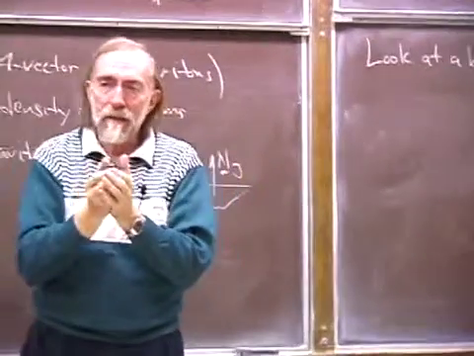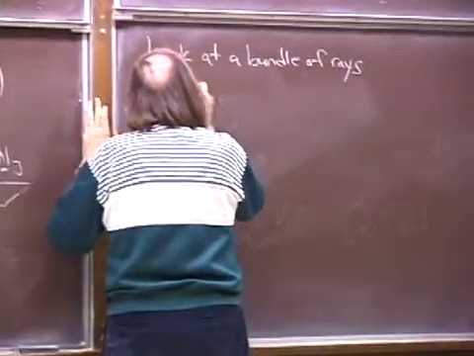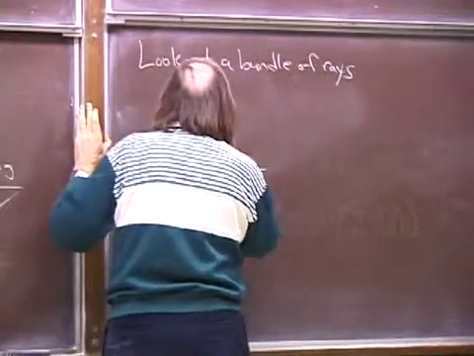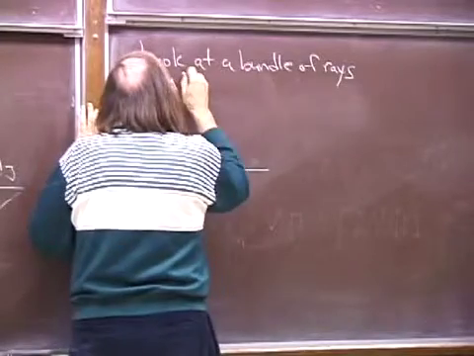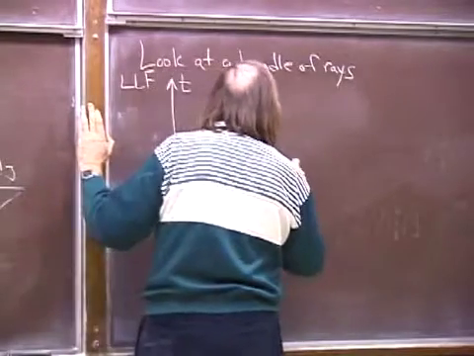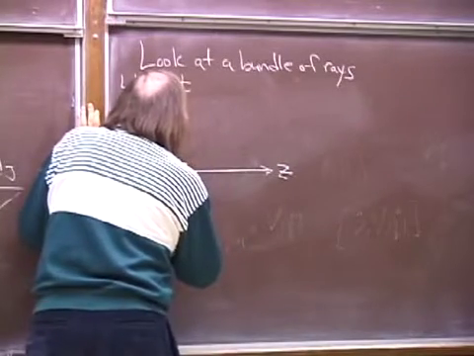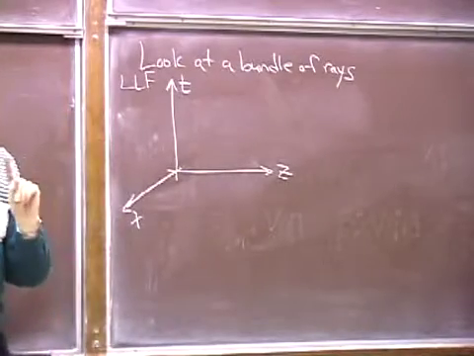Now let me draw a space-time diagram to illustrate what is meant by this bundle of rays from a space-time viewpoint. In our reference frame, so this is in then our local Lorentz frame, here's the t direction, here's the z direction in which the waves are propagating, and here is the x direction, and I'm going to suppress the y direction.